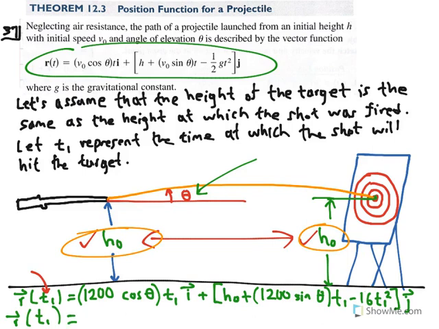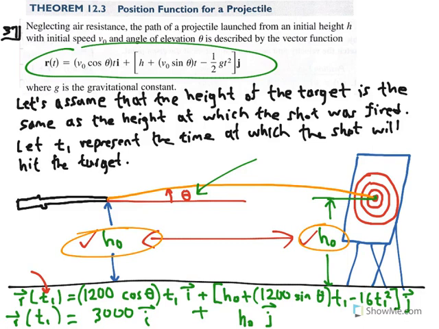We know that the target is 3,000 feet away, so at the time the bullet hits the target, the bullet would have traveled a horizontal distance of 3,000 feet. So that's the position of the bullet at the time t sub 1 when it hits the target. We also know that the height of the target by assumption is the same as the initial height at which the bullet was fired, so it would be h naught by assumption.